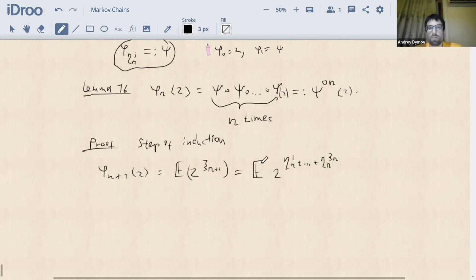So I sum up the numbers of descendants for every individual from the previous generation. So what is the problem here?